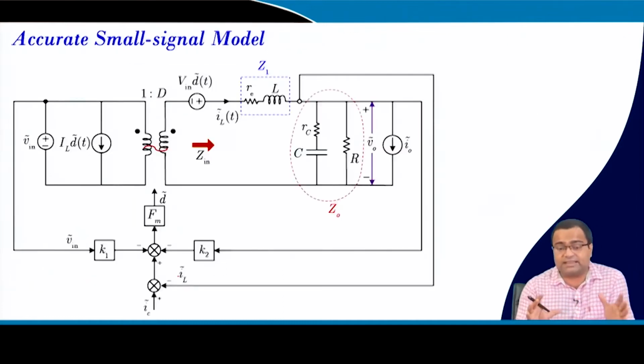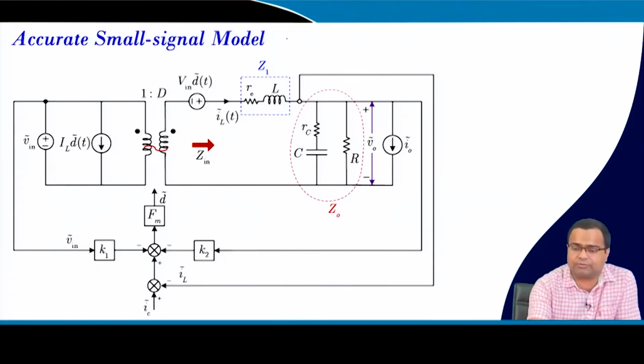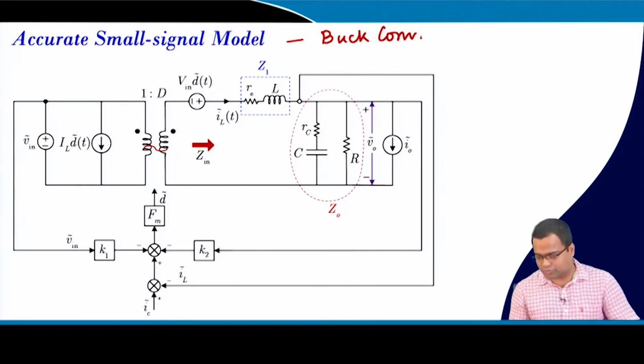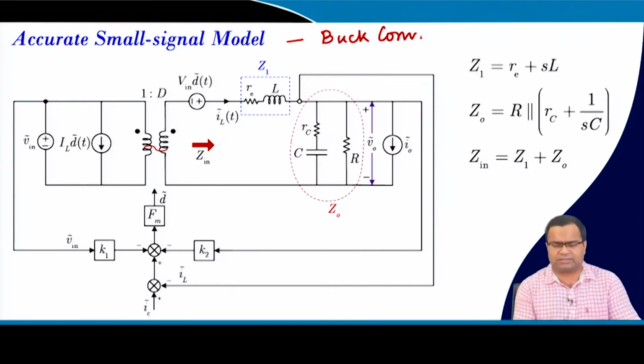That means we already discussed this accurate small signal model of current mode control for a DC-DC converter, this is a buck converter, under current mode control. And we have derived Z1, Z0, Zin, where Z1 is the inductor and Z0 is this one.